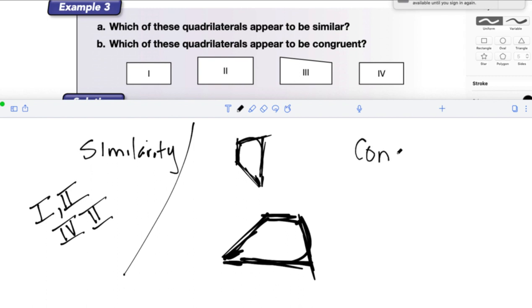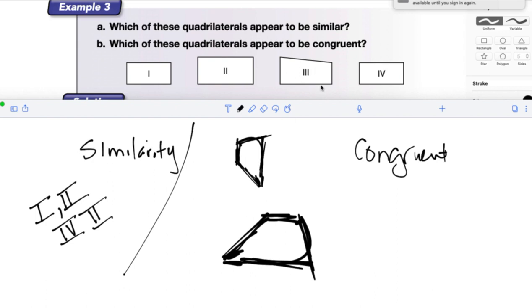And when we talk about congruent shapes rather, we are talking about shapes that are exactly the same. So this shape that I'm dragging up here, these are congruent. Doesn't matter how I turn it, they're exactly the same size. Basically, when I think about congruence, there is a way for me to lay them directly on top of each other so that I can hide the one underneath perfectly.